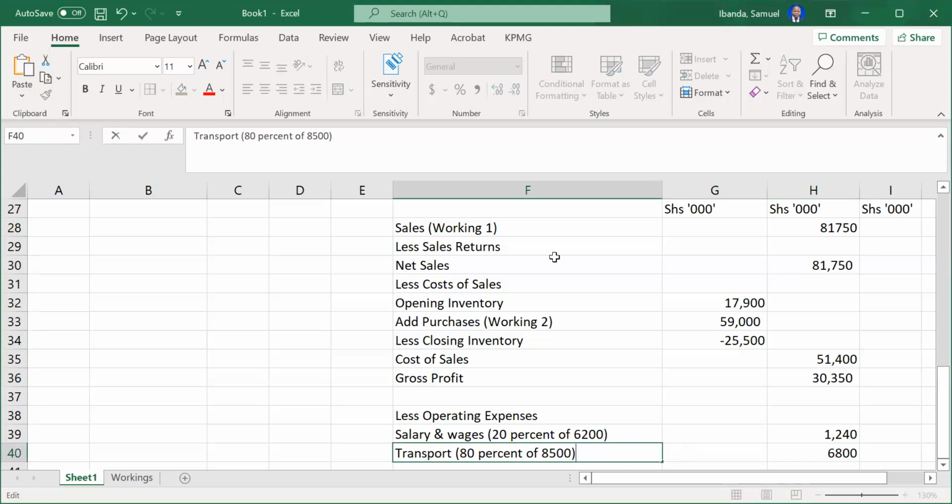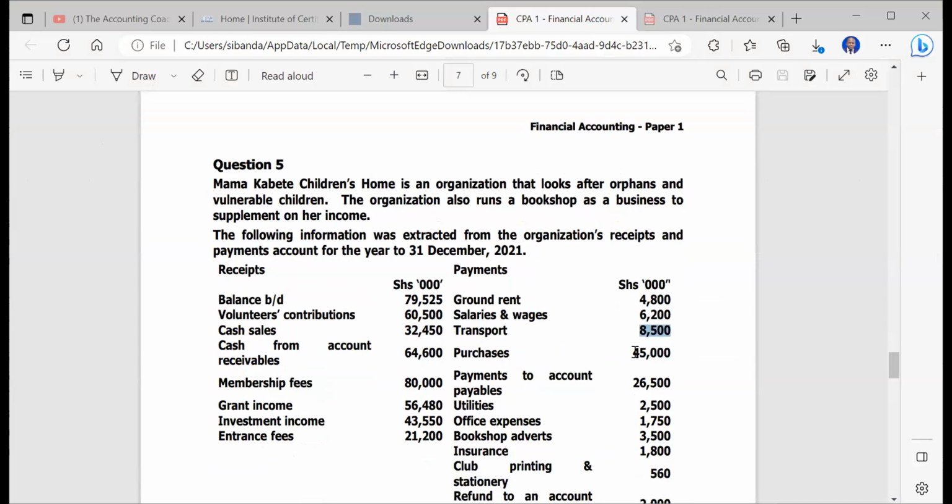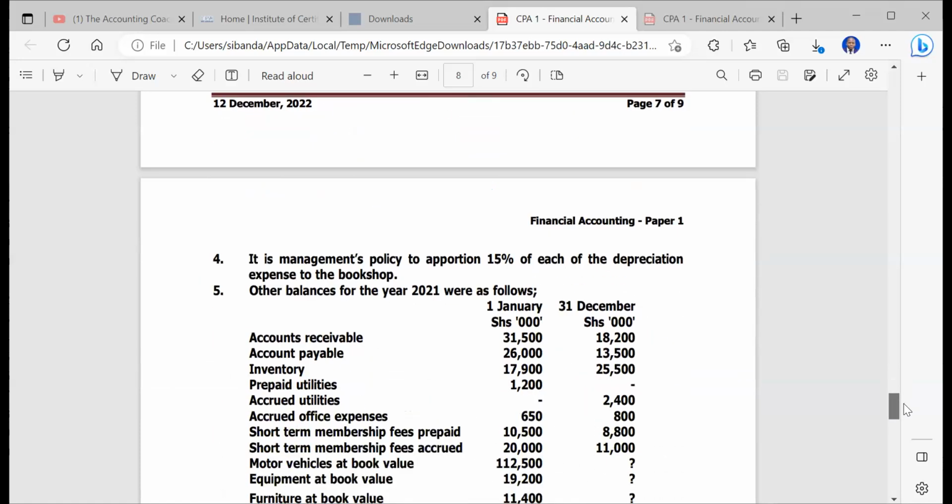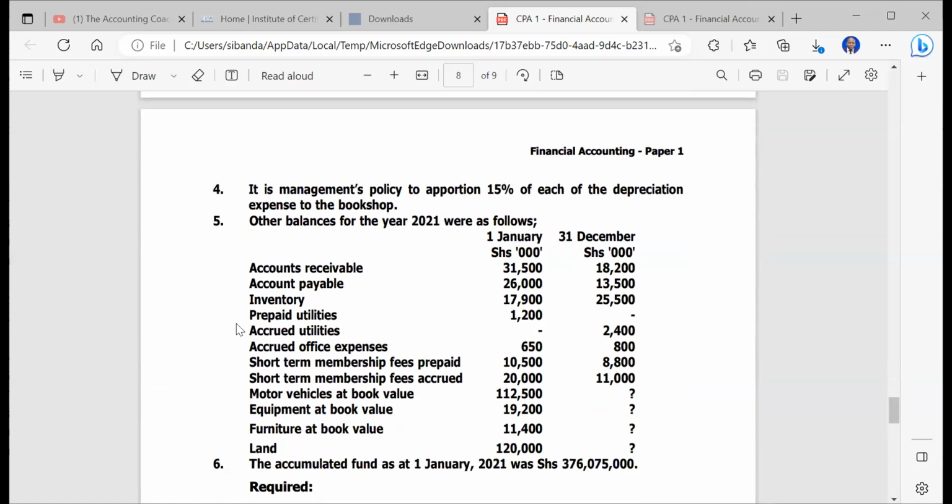So after that, I usually want to follow them like this. Purchases, not expenses. This one, we've utilized it. Now let's look at utilities. Now these utilities, we have 2,500 here. They have told us that the bookshop has 20%. Now these utilities have dynamics. You also have balancing figures.